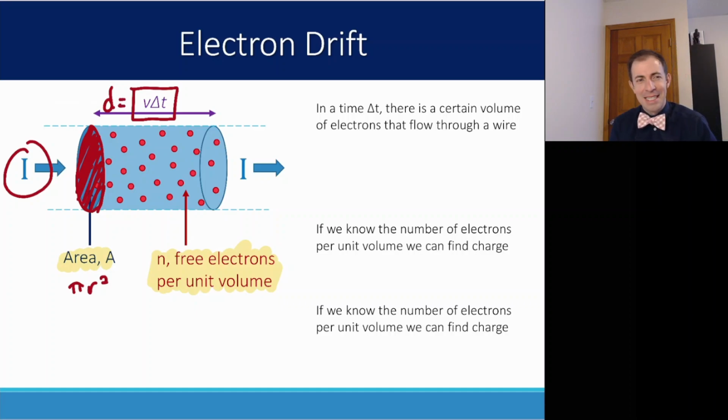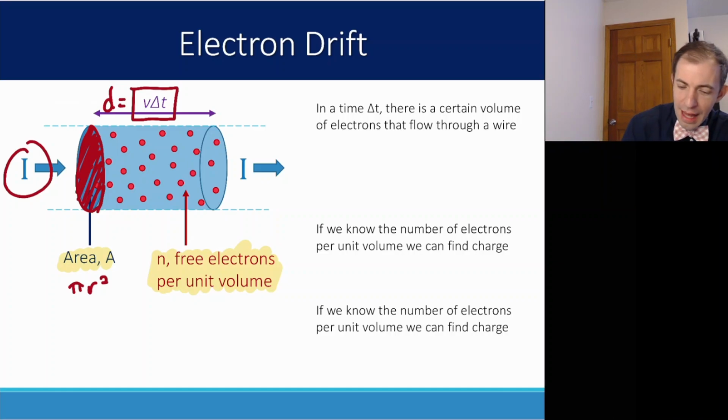Distance is just velocity times time. So if we know how fast the electrons are moving, their velocity, the length that they travel is the time that it takes. And essentially what this is doing is telling us how much of the wire's worth of electrons are traveling past a single point in a given amount of time.